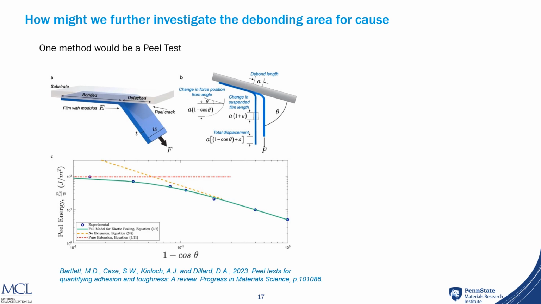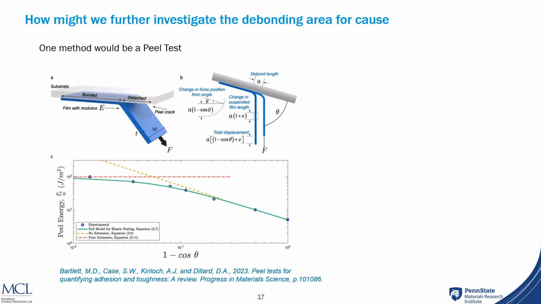There's a nice other feature of this peel test: once we've seen them fail, we can go back and examine by techniques such as either SAM or XPS, X-ray photoelectron spectroscopy, sorry, or Auger spectroscopy. Or you can even use FTIR, Raman. There's a host of techniques, but we can actually go back and measure what was the composition of the surface where it failed.